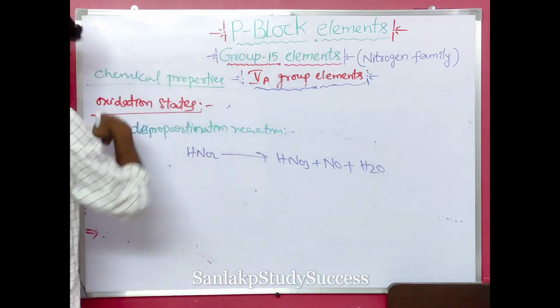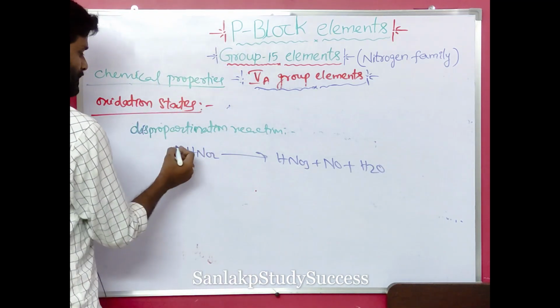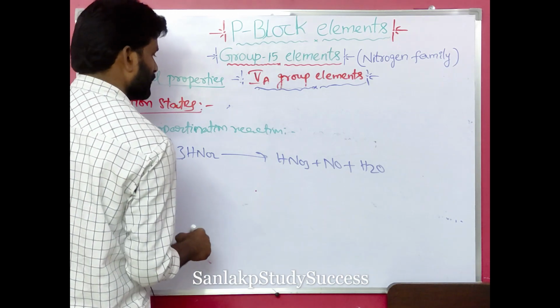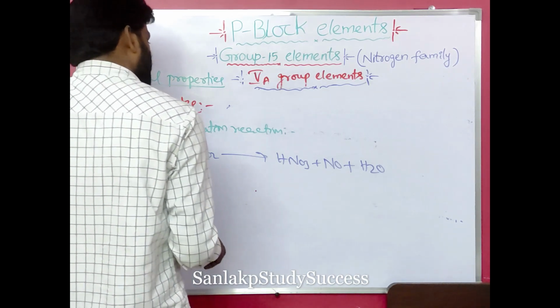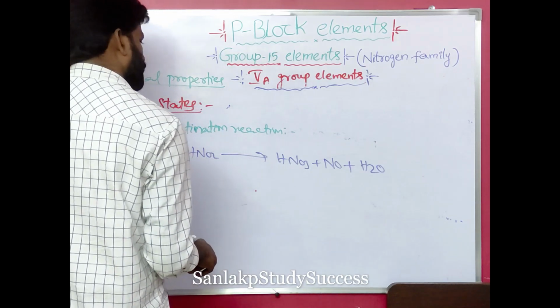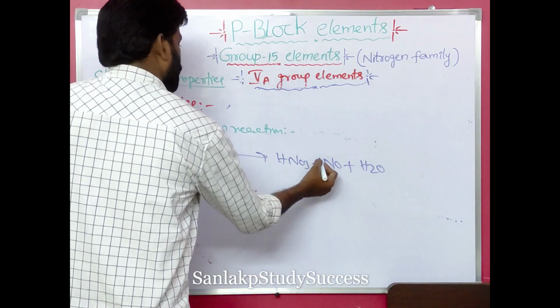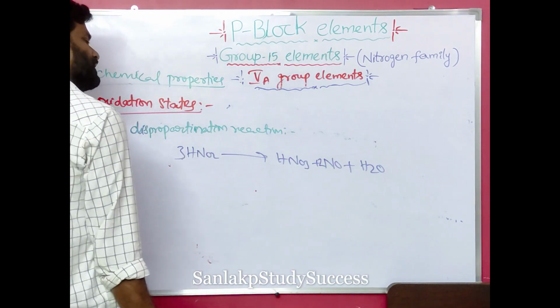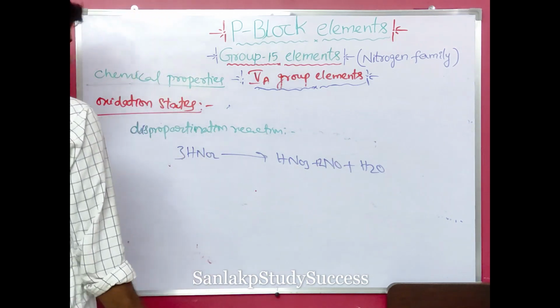That means 3HNO2 gives rise to HNO3 plus 2NO plus H2O. This equation is balanced.